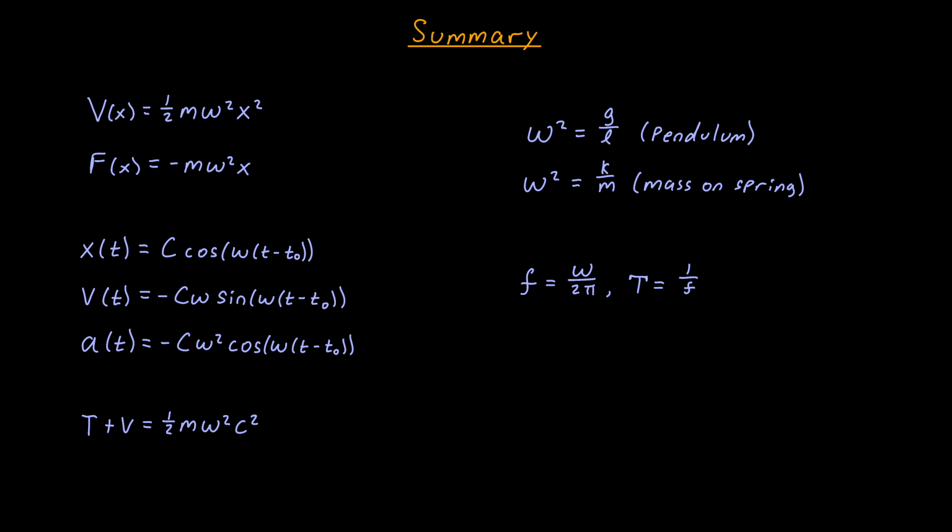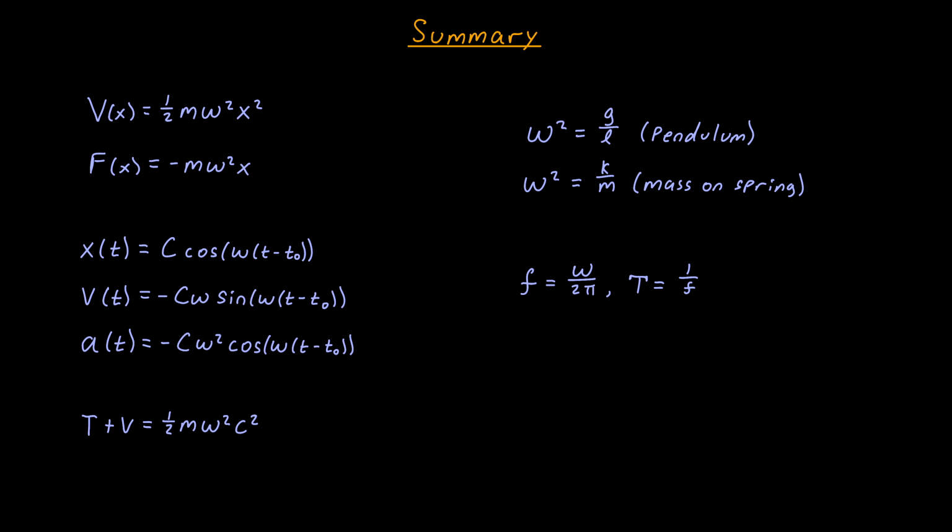Any system that has a quadratic potential can equivalently be said to have a linear force relation, which we called Hooke's law, and the coefficient of proportionality between the force and position was minus m omega squared. Now, this quantity omega squared is just a constant that can be different for different systems, and in this episode we found that omega squared was equal to g over L for pendulums, and was equal to k over m for a mass on a spring, where k is just the spring constant that measures how stiff the spring is.